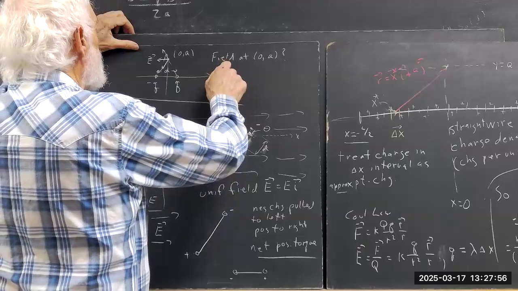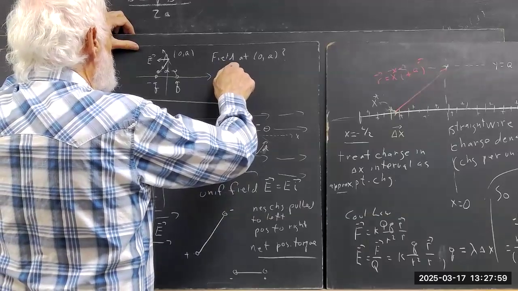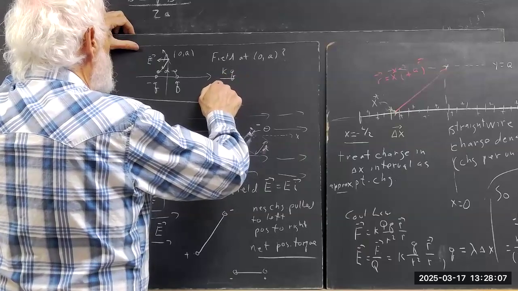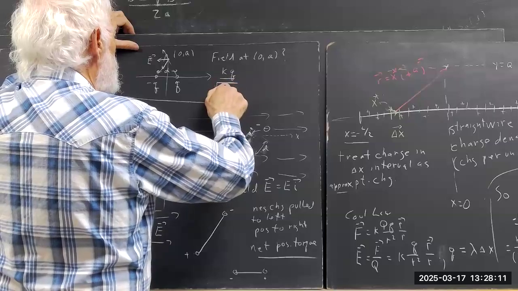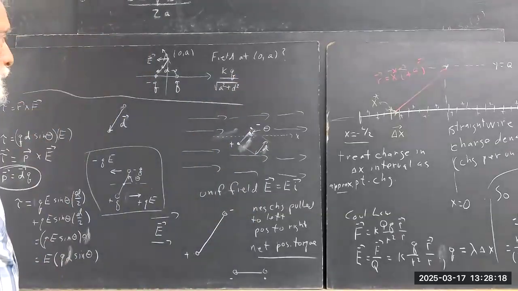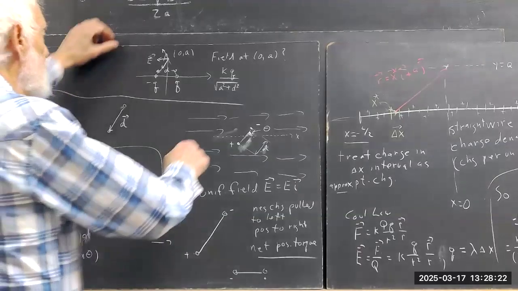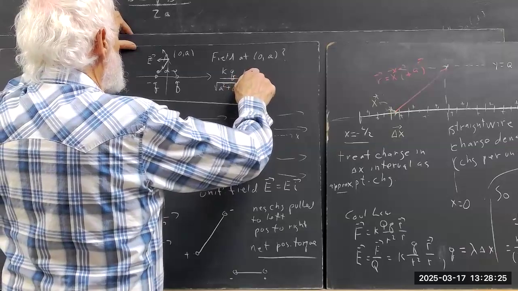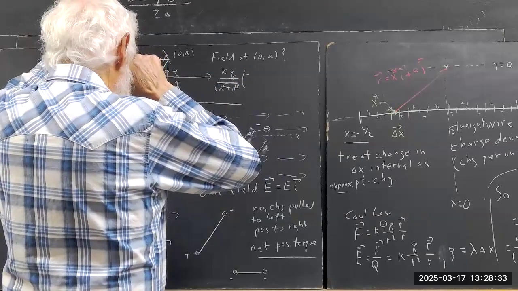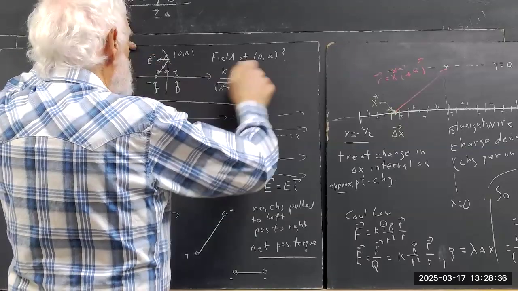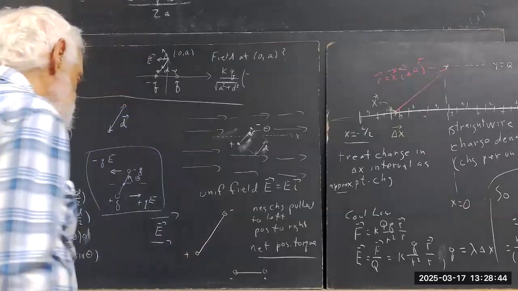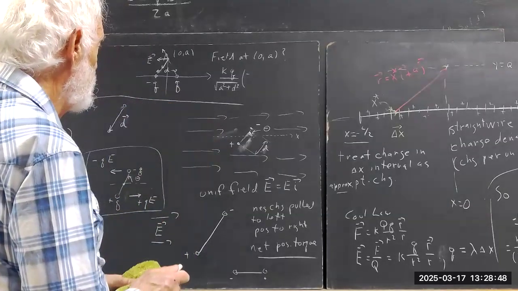I'm just going to write down the expressions. You're going to have AQ over the square root of A squared plus B squared, multiplied by A squared plus D over 2 squared.